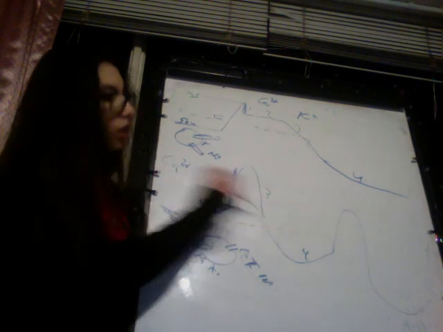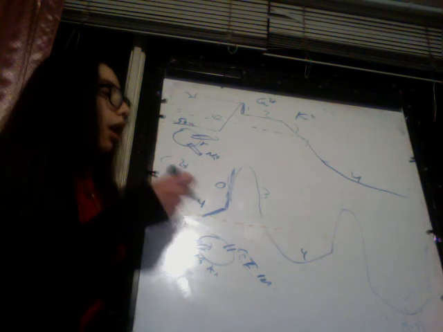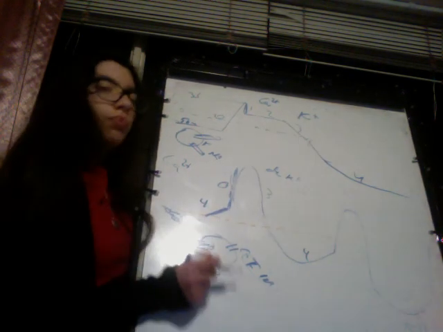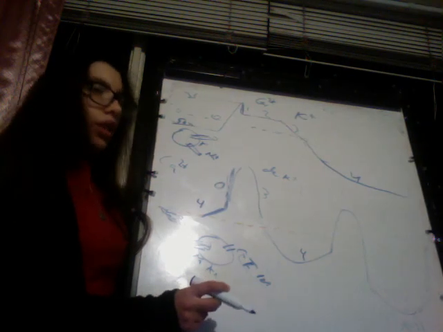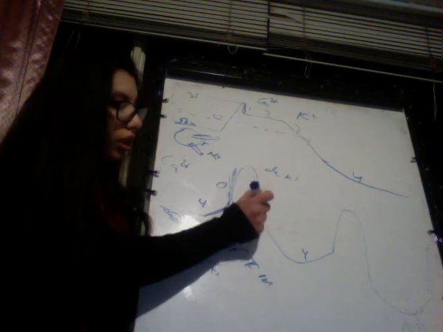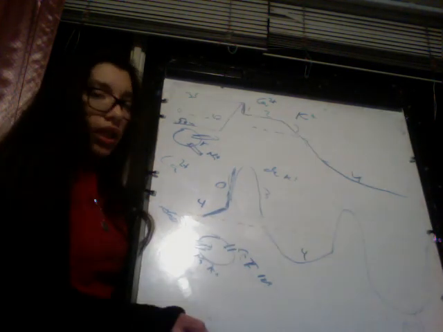Then the repolarization is made again by the delay rectifying potassium channels, and also a little bit of the inward rectifying potassium channels when the membrane potential begins to be negative again.